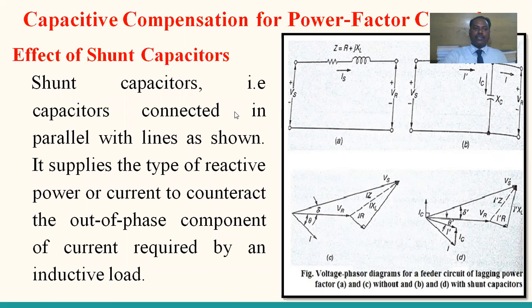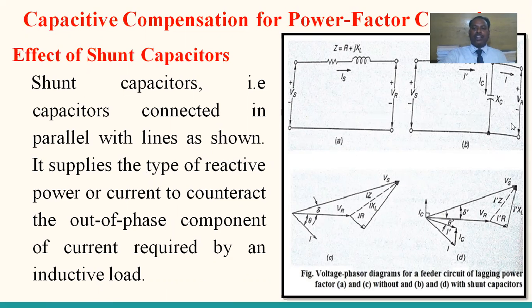Shunt capacitors are capacitors connected in parallel with the lines as shown. It supplies the type of reactive power or current to counteract the out of phase component of current required by an inductive load.